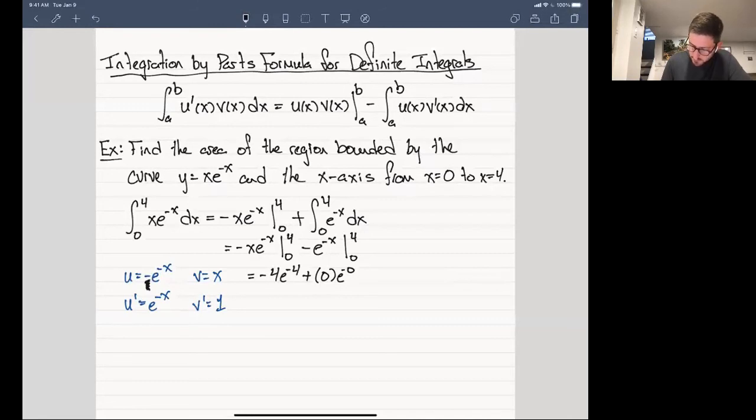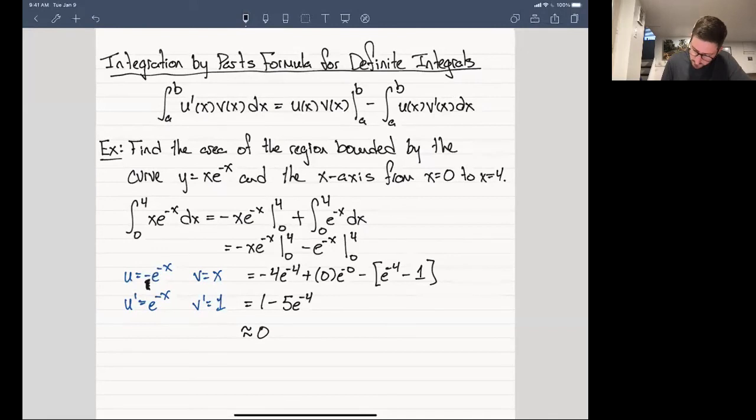So this thing is going to disappear, and then minus e to the minus 4 minus 1. And so you can clean this thing up a little bit. You get 1 minus 5e to the minus 4, which, if you want to put that into your calculator, if you really care about what the final answer is, is 0.91.